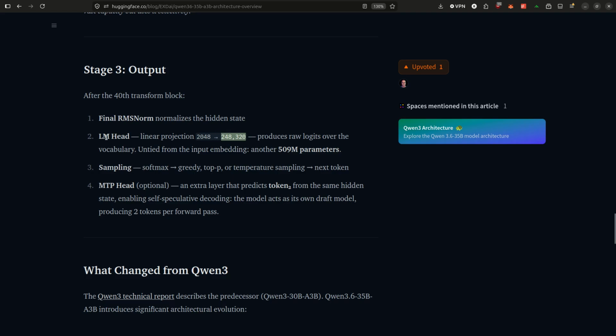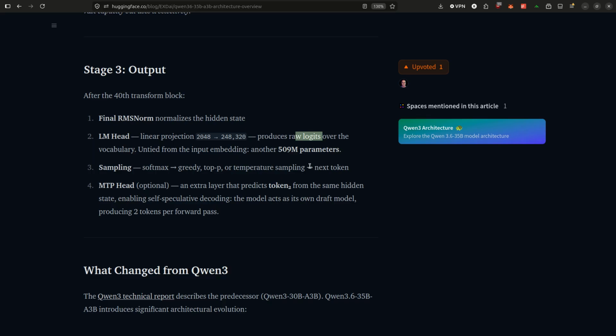So what this step does is it pushes out what are called logits. A way to think about logits is just the odds of saying, hey, I think the next token is one of the 248,320 tokens. We're basically saying, these are the odds that this is the token that should be next.